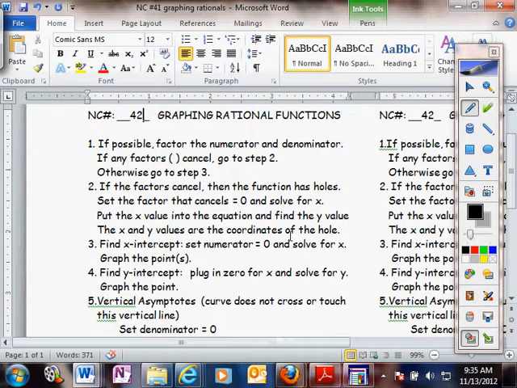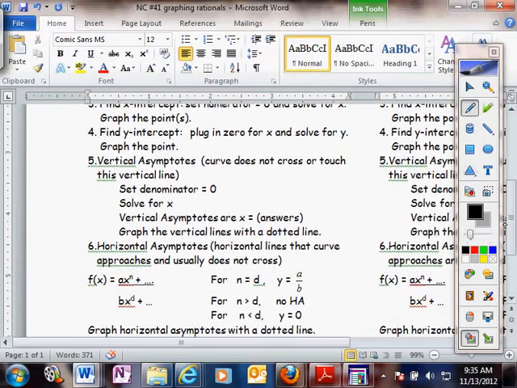And we're going to be talking about several different things to enable us to do this. Two of those things are going to be the vertical and horizontal asymptotes. Number one says, if possible, factor the numerator and the denominator. And as we look at this, we just have a set of instructions here on how these work.